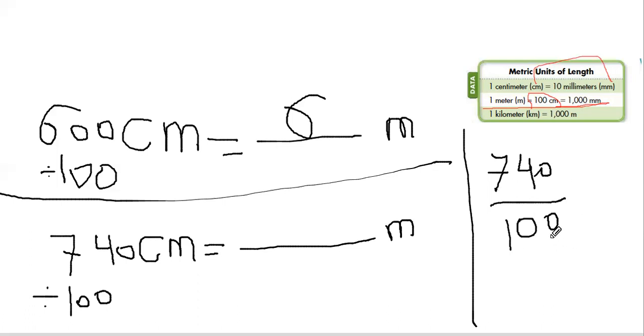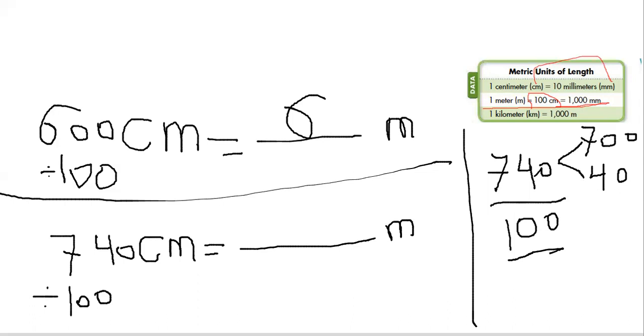740 over 100. Is 740 a multiple of 100? No, it's not a multiple, but I can break it apart to be 700 and 40. Miss, why do you choose only 700, not 710? Because what are the multiples of 100? 100, 200, 300, 400, 500, 600, 700, 800, and so on. So I will not break it apart to 710 and 30.